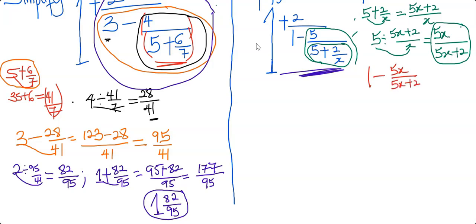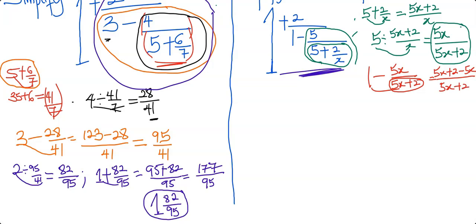So to solve this, I simply need to multiply 1 by the denominator and subtract 5x from it, while the denominator remains 5x plus 2. This is what I mean. 5x plus 2 times 1 is going to give me 5x plus 2. Minus 5x, all over 5x plus 2.